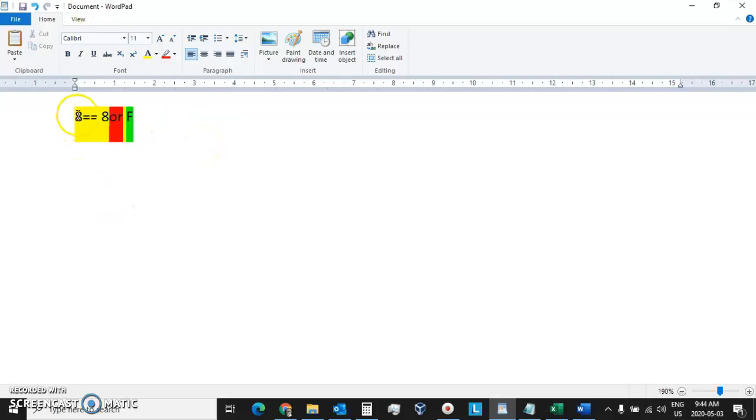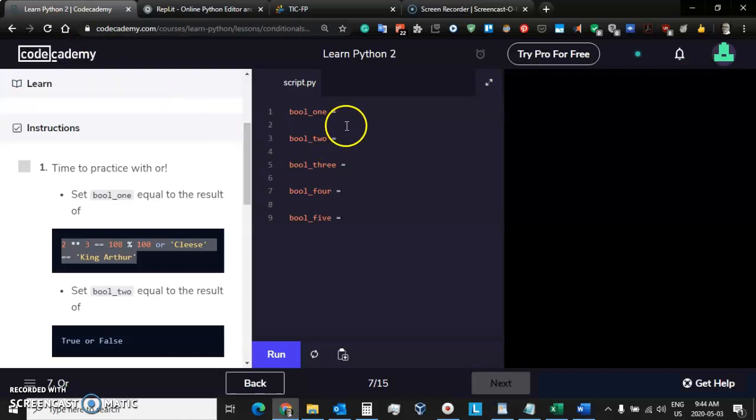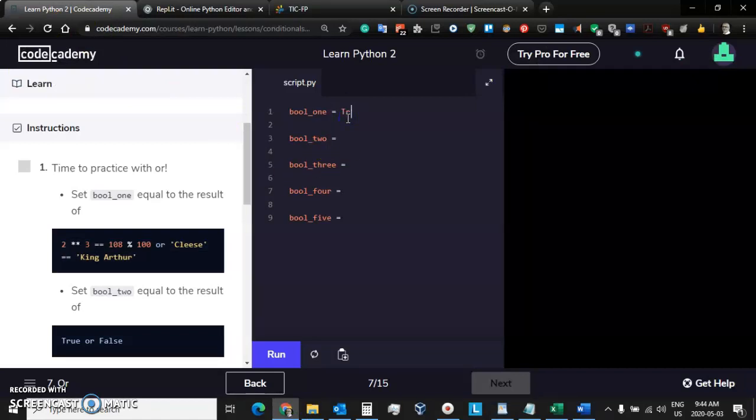So the left side evaluates to true. So if you have true or false, the net result is going to be true. So we can safely put true in the first Boolean one.